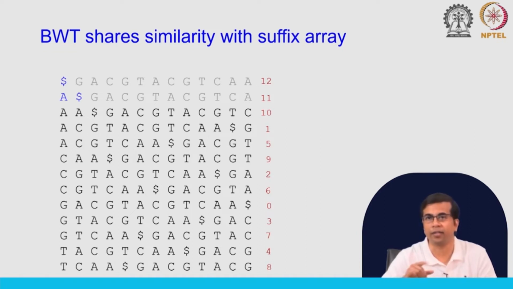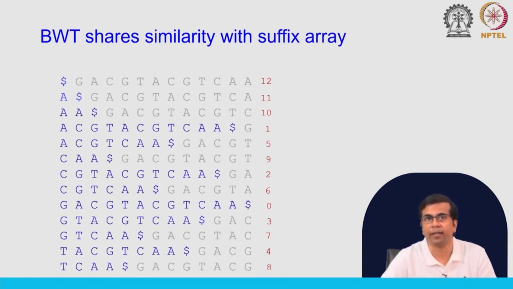If we add this dollar at the end of the reference string and then start creating all the suffixes, you will see these are the suffixes that we will get. And if we extend this process for the full matrix and just focus on these letters up to the dollar sign for each row, this will give you all possible suffixes of the reference sequence.